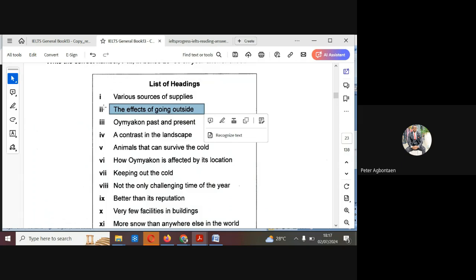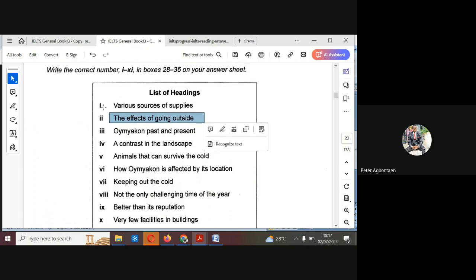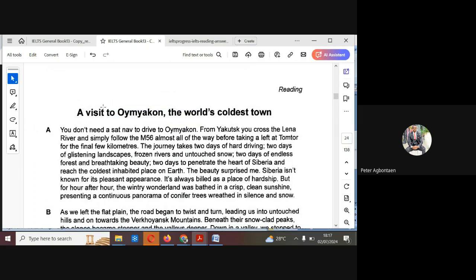In that case, just skip it and come back to it later. But remember, what you are after is the main idea of the paragraph.